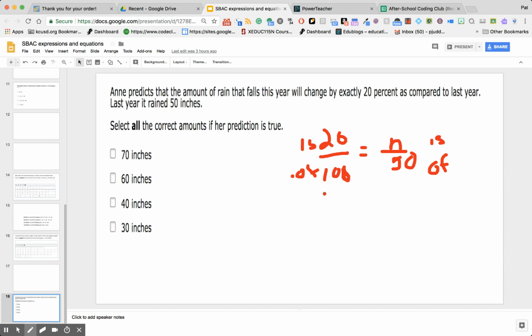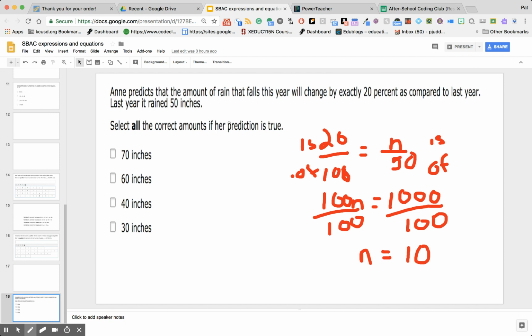Okay, so when I cross multiply, I have 100 times n, and 20 times 50. Okay, 2 times 5 is 10, and then I'm going to write 2 more zeros. I'm going to divide by 100. I'm going to divide by 100. And n equals 10.